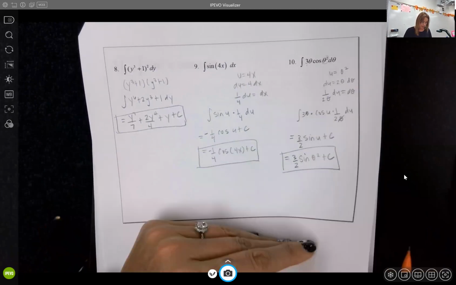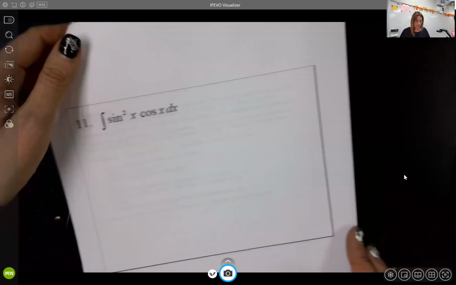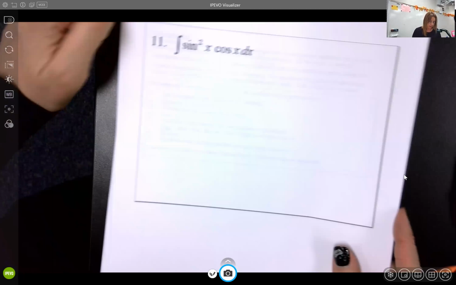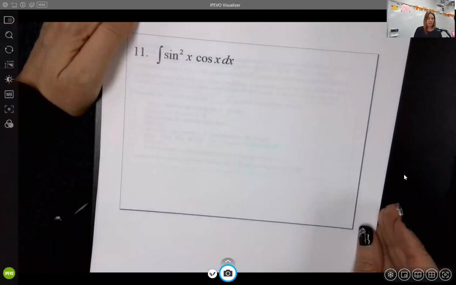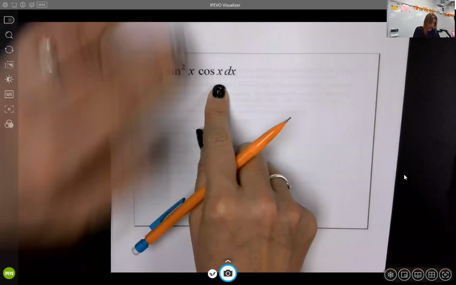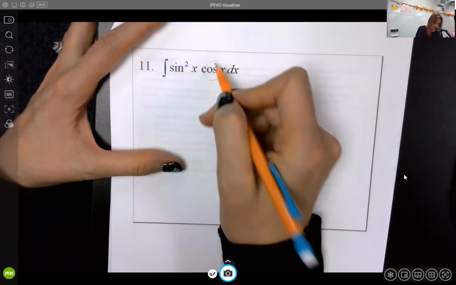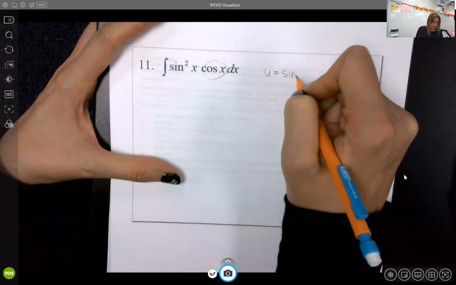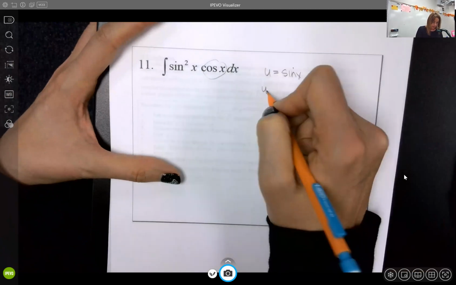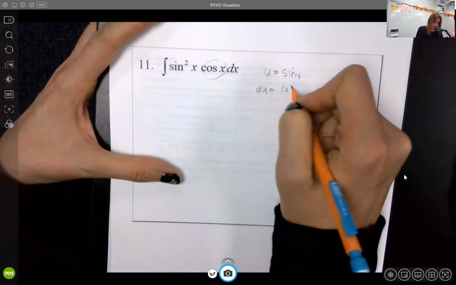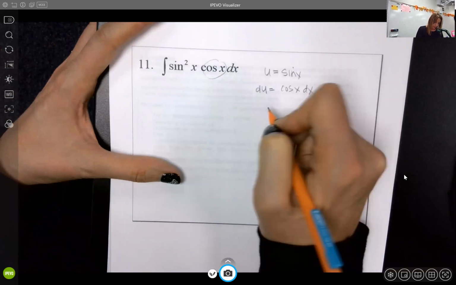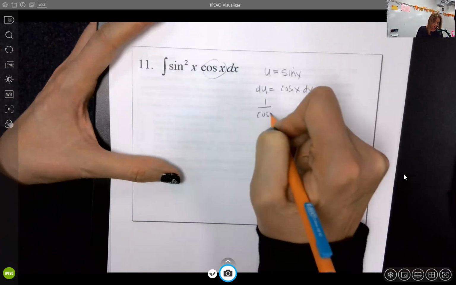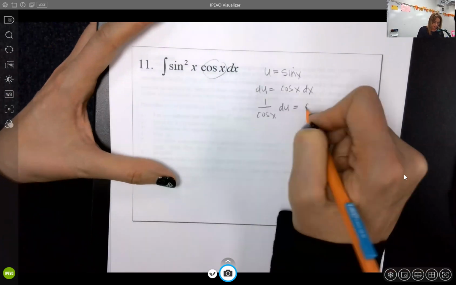All right, last one, number 11. So on this one, we have a sine squared. And I know the derivative of the sine is the cosine. So cosine is my unhook, right? So u is going to be the sine of x. du is the cosine of x dx, so 1 over cosine du equals dx.